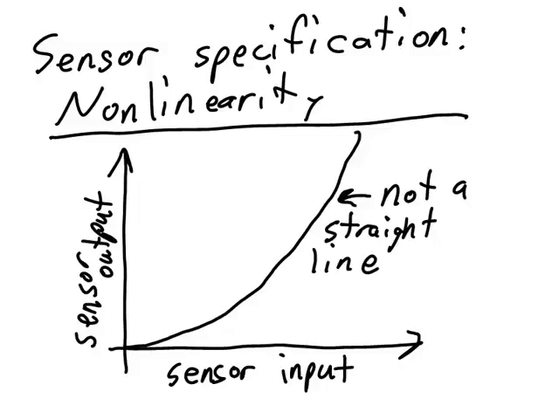Or, said in another way, the slope or the sensitivity of the sensor changes in different ranges of the sensor input.